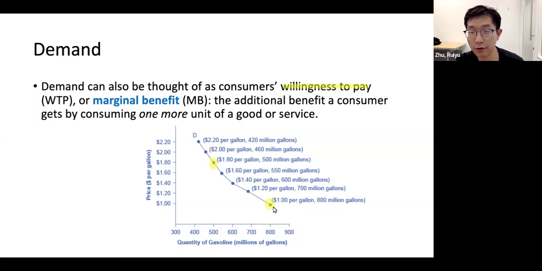For example, if you are very hungry, your willingness to pay or your marginal benefit to get the next donut is very high. But if you already ate 5 or 6 donuts, the benefit of the next one is very, very low. If you are already full, that can even be negative.